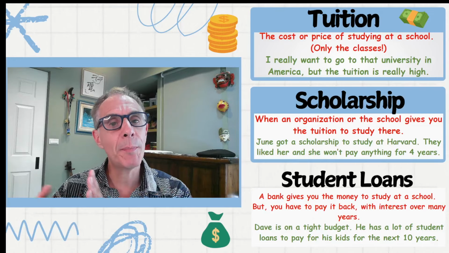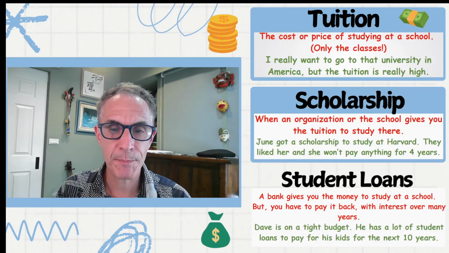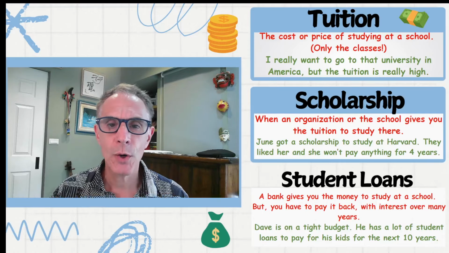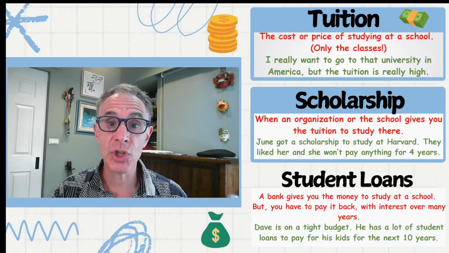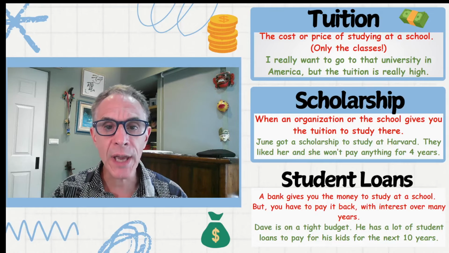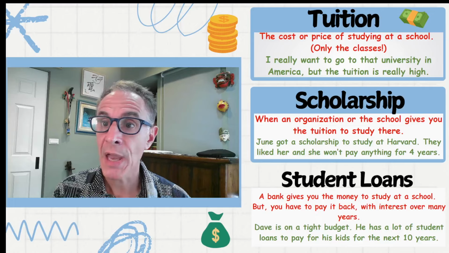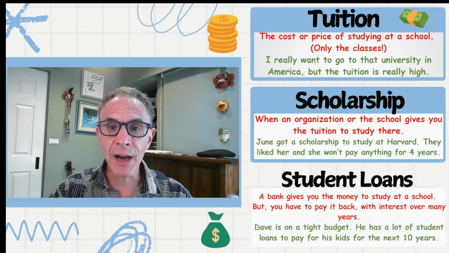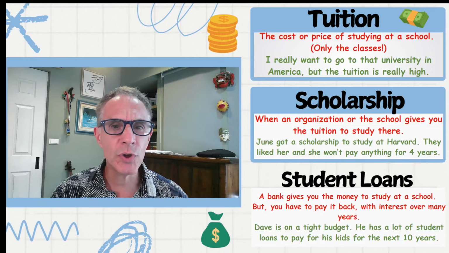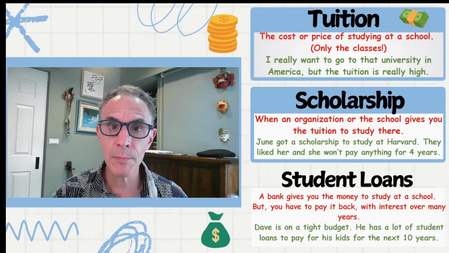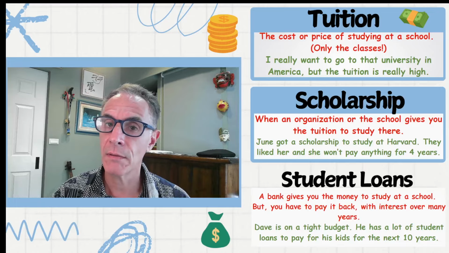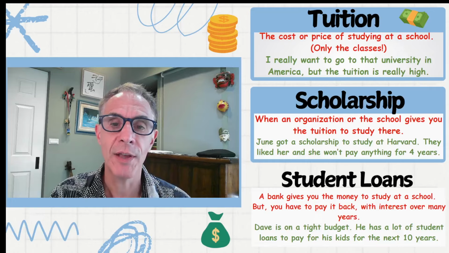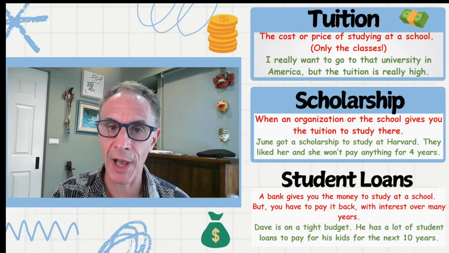But you need to apply for a scholarship and probably need to write some things, give them grades, whatever they want. And then the organization or the school decides, okay, we will give you a scholarship. Now, some scholarships are full scholarships, 100%, and that covers everything, living, food, tuition, okay? And some students get that for 4 years. That's a great deal. Some scholarships are just pieces or percentages of the tuition. So it depends what you apply for.